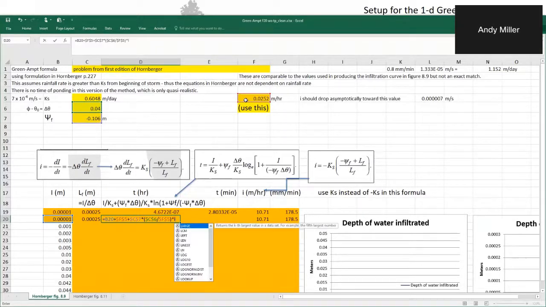So times ln of, and what you see here is 1 plus this, divided by, in parentheses, negative psi sub F. So it's going to be negative this absolute cell reference F4 times delta theta, close parentheses.